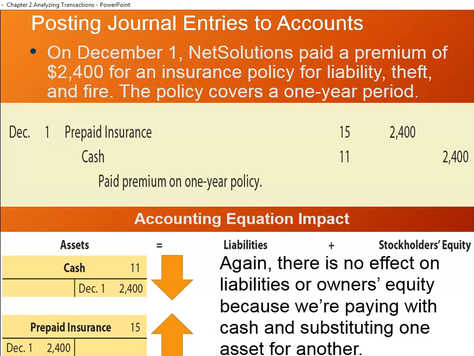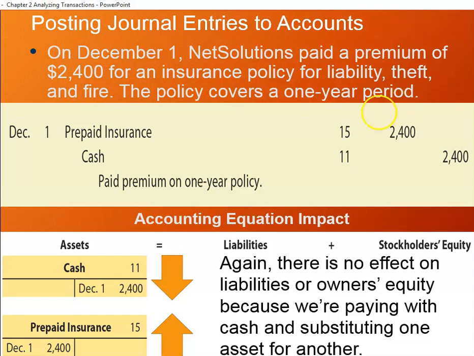So I want you to understand that when we say prepaid expense, we're talking about any type of prepaid expense. Prepaid insurance is an example of a prepaid expense. So let's see what it says here. The policy covers a 1-year period, so it looks like we're being charged $200 per month.